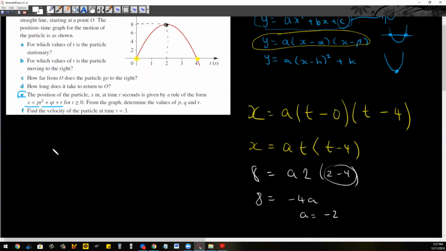So x is equal to minus 2t(t minus 4), but you want this expanded. This is negative 2t squared, and this times this is plus 8t. So p is negative 2, q is 8, and r is 0.